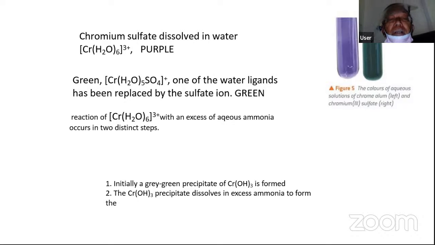Then you study the reaction with chlorine, with ammonia. So you get more information, just like when you did with copper sulfate. But the starting species is the same, hexaaqua. So this is chromium.